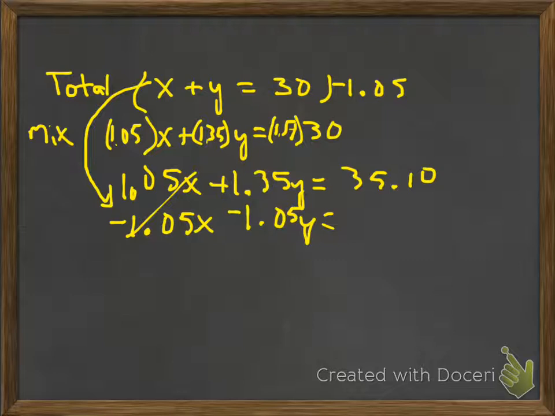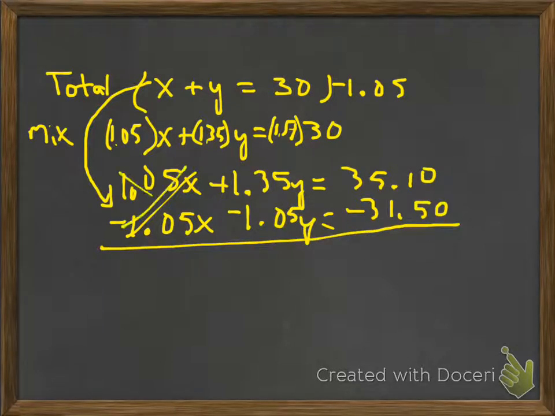Negative 1.05 times 30. Now I'm doing this with the calculator, so keep that in mind. That's negative 31.50. Okay, so these cancel. It leaves me with 0.3y equal to 35.10 minus 31.50, which gives me 3.60.